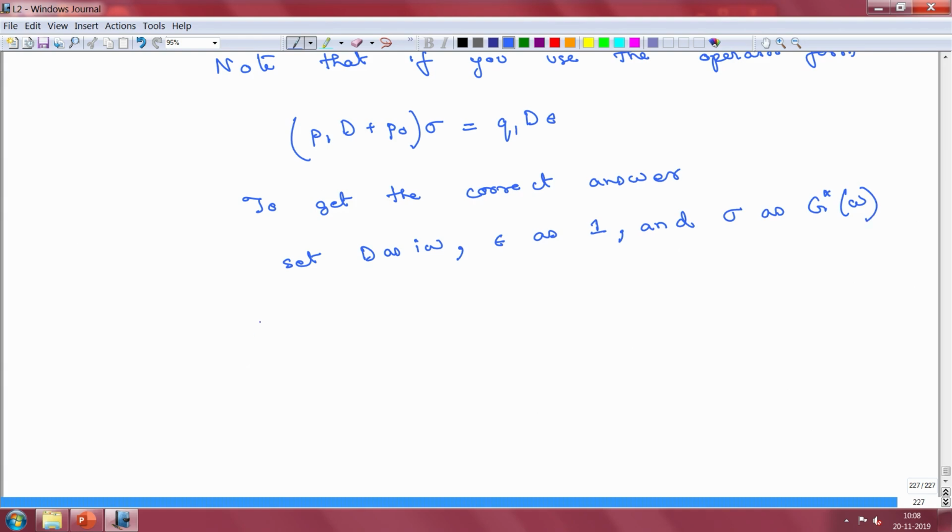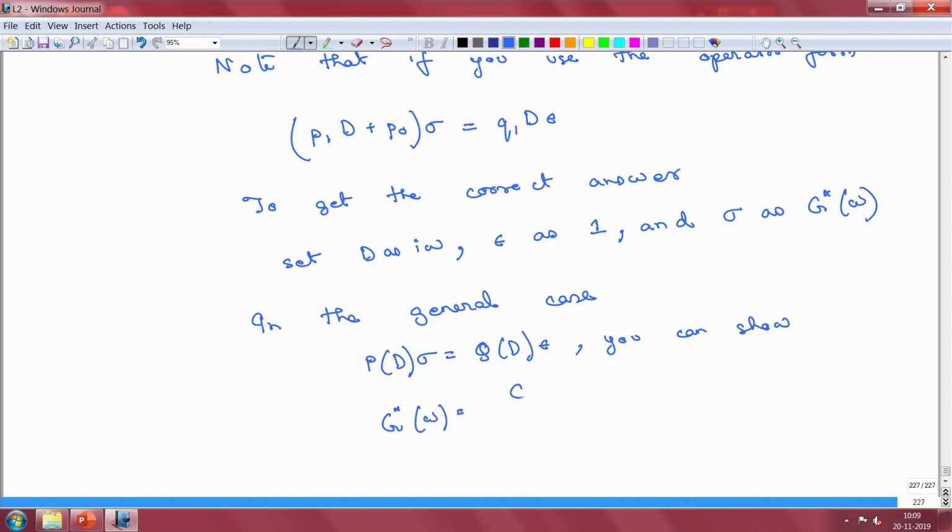So, in the generalized case of the governing equation being P of d sigma equal to Q of d epsilon, you can show that G star omega is nothing but Q of I omega over P of I omega. Right.